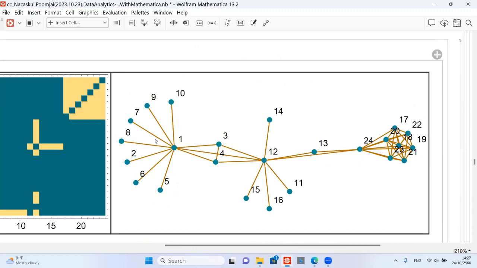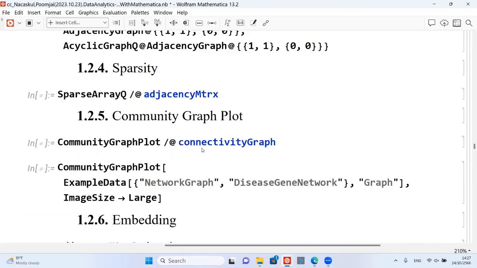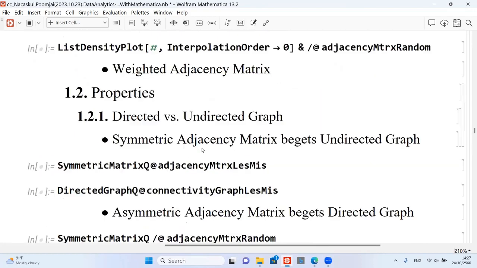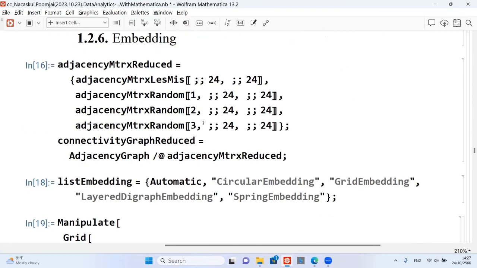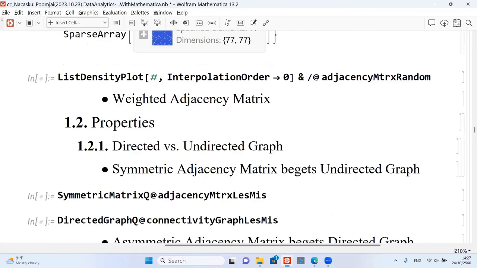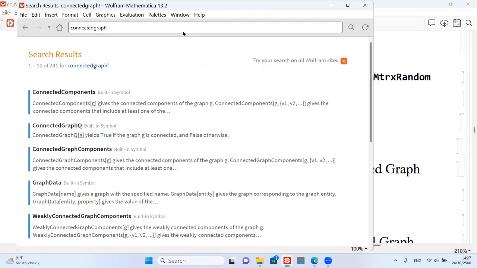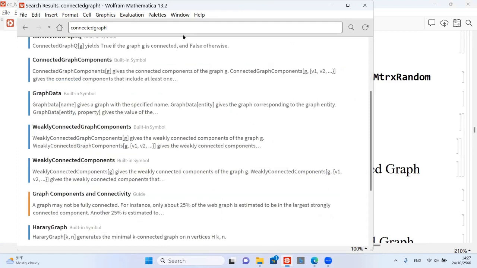Now, if you use the function neighborhood graph, where's that function? Okay, let me ask this here. Might as well use some of the examples.